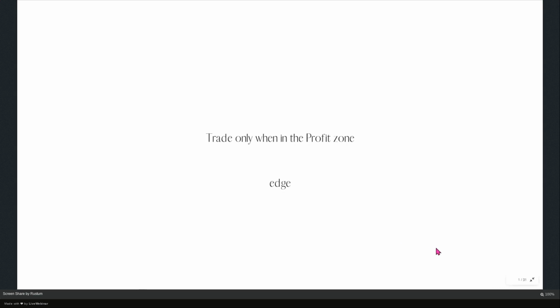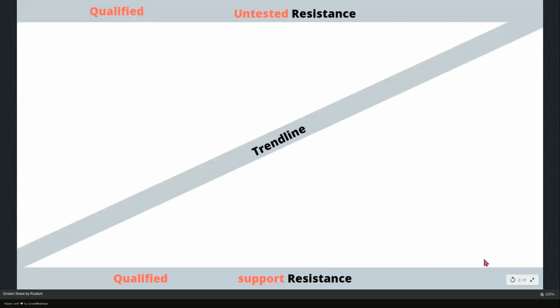So what do we have as zones? For us, we have resistance levels and support levels, and also inside those massive resistance and support levels we have trend lines either going up or going down.